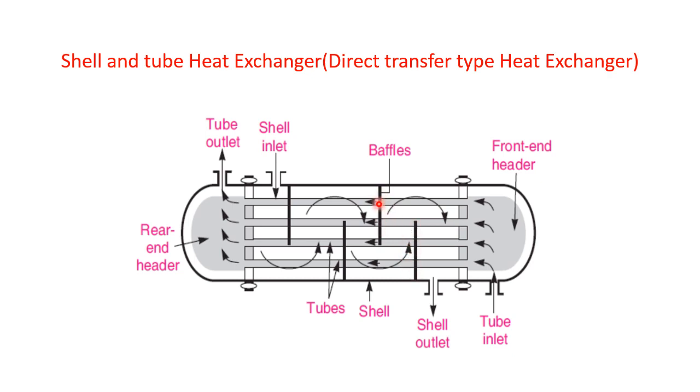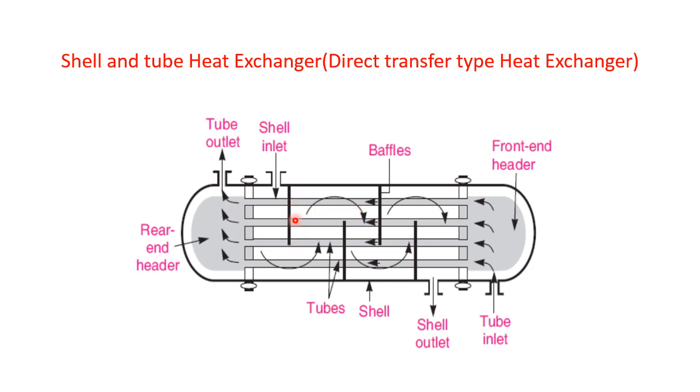So these baffles are the thick sheets which are provided inside the shell. These baffles are provided in order to move the shell side fluid over the surface of all the tubes, so that it can change its direction and move over all the tubes, in order to increase the heat transfer area, or in order to increase the effectiveness of the heat transfer.